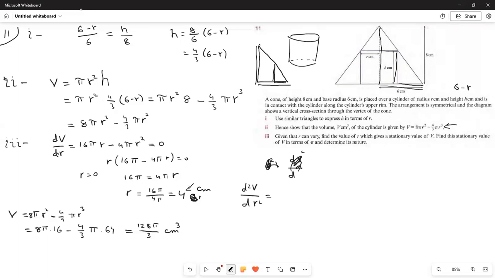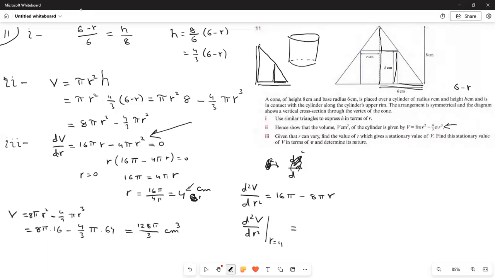From here, the second derivative is going to be 16 pi minus 8 pi r. Now, what is the value of the second derivative at r equal to 4? Remember, r was 4.